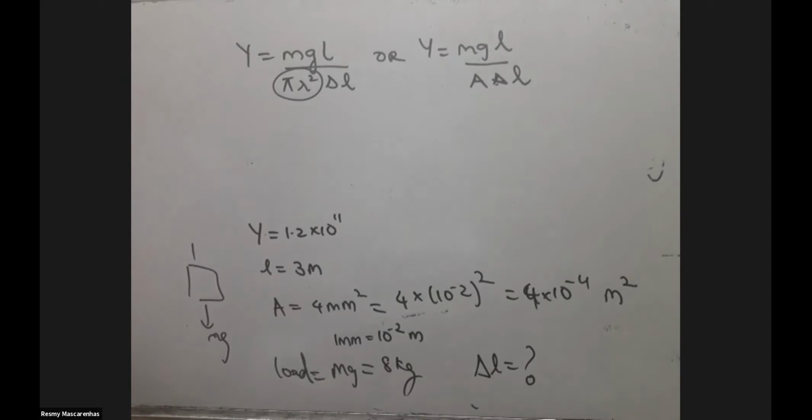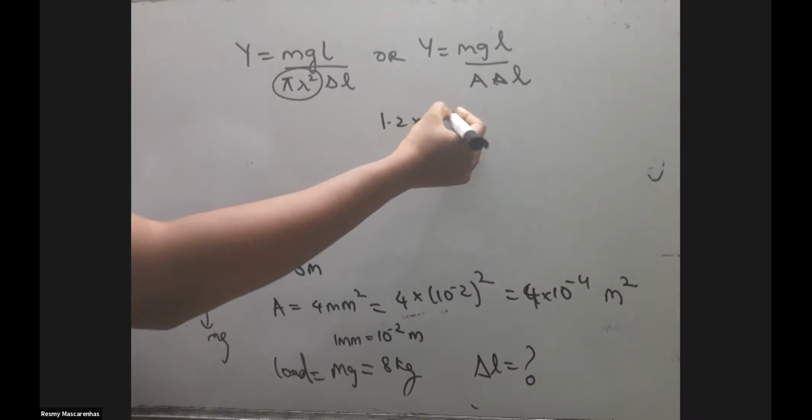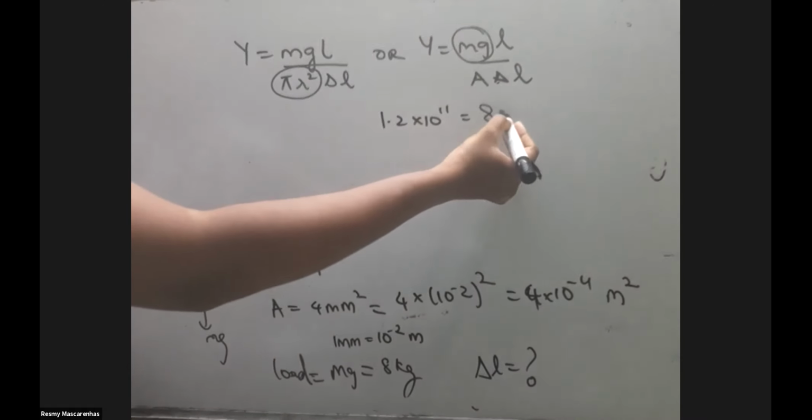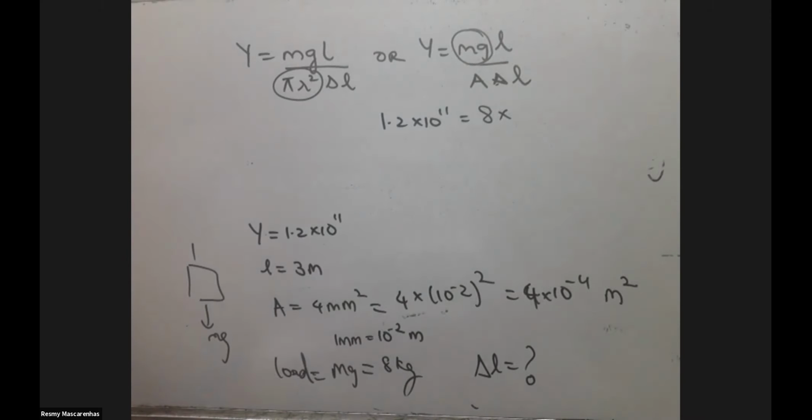So substitute all the values. Mg total is 8 kg. Then length is already given, that is 3 meters. Mass has been given now, wait on. If you check here, load has been given as 8 kg.